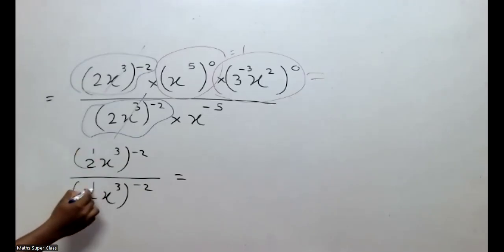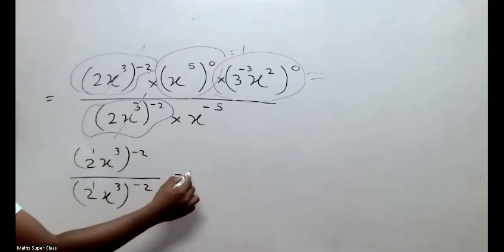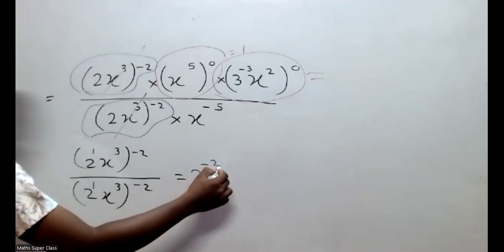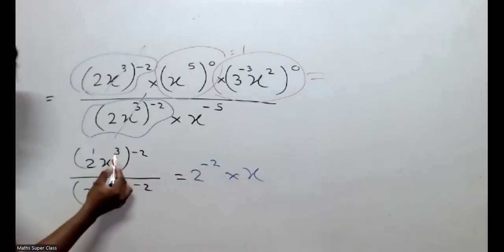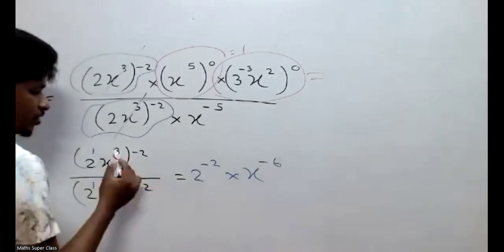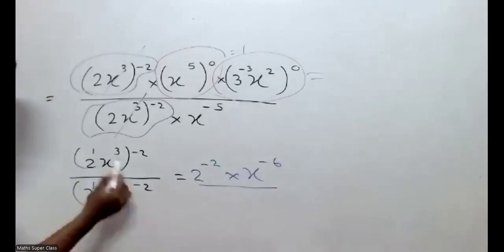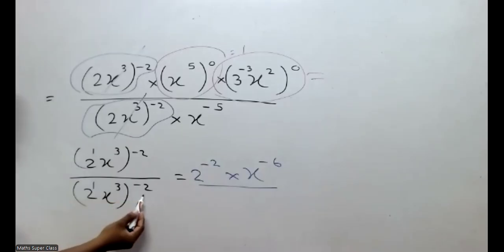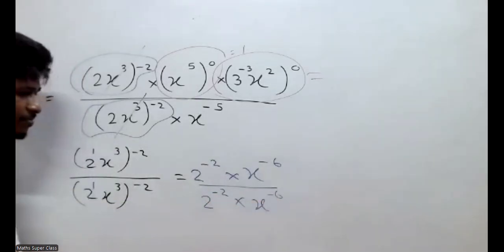So 2 to the power 1 multiplied by minus 2 is 2 to the power minus 2. x to the power 3 multiplied by 2 means x to the power minus 6. 3 into 6, plus into minus, minus. For this one, same thing. 2 to the power 1 multiplied by minus 2 is 2 to the power minus 2. x to the power minus 2.